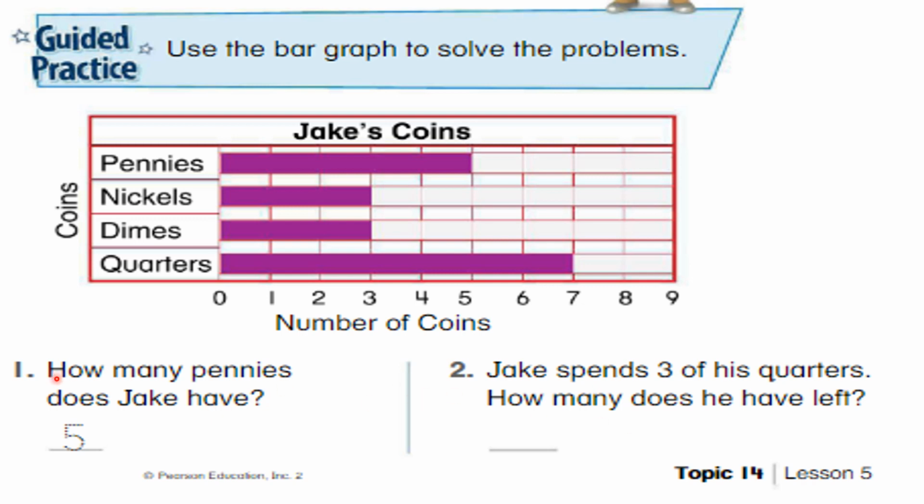Now we have to answer the questions. So the first one is, how many pennies does Jack have? So he has, excellent, 5 pennies. The second question, Jack spends 3 of his quarters. How much does he have left?